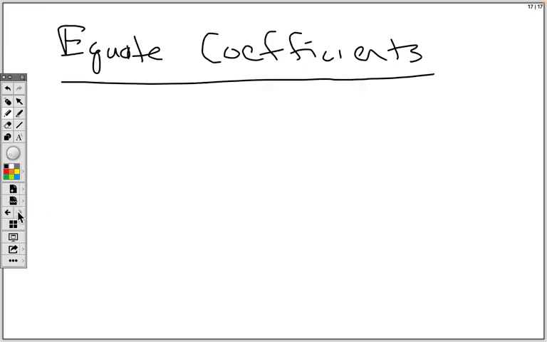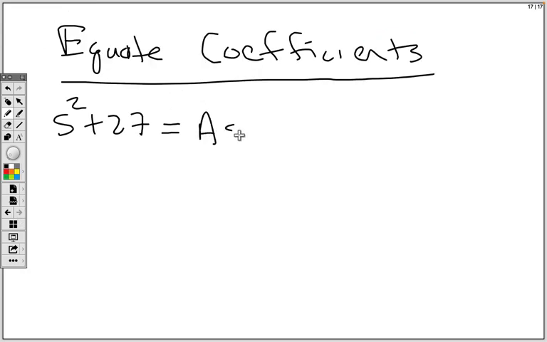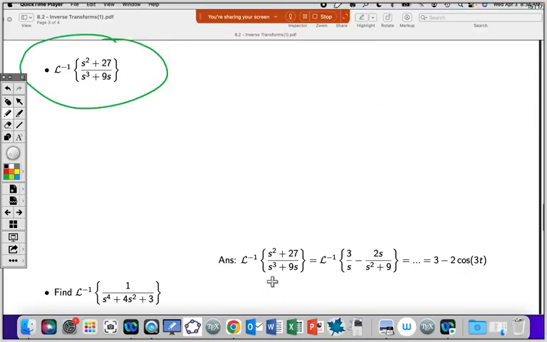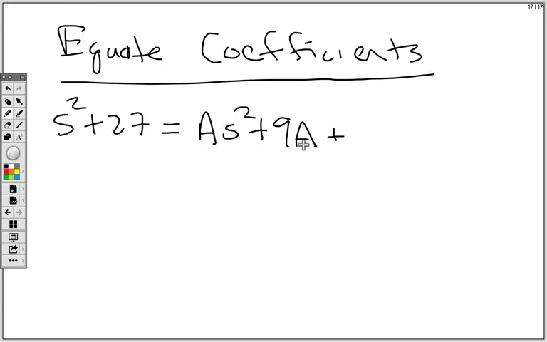So let's talk about equating coefficients. On the left-hand side, I got s squared plus 27. On the right-hand side, I would have as squared plus 9a. We'll plug in a here in a minute. Plus bs squared plus cs.